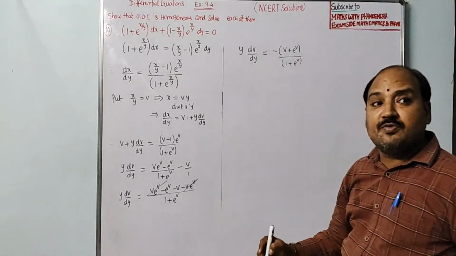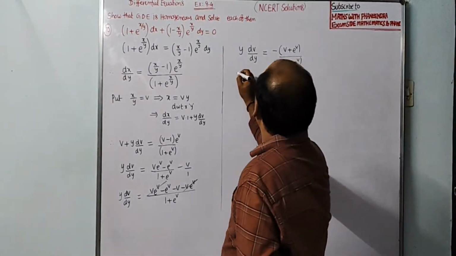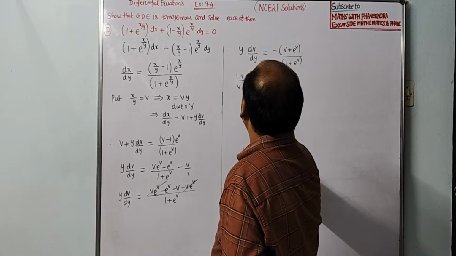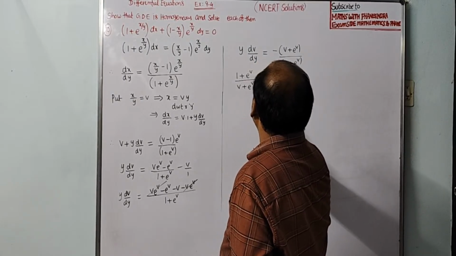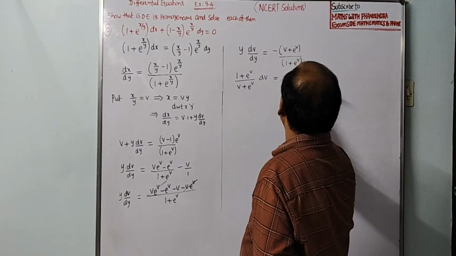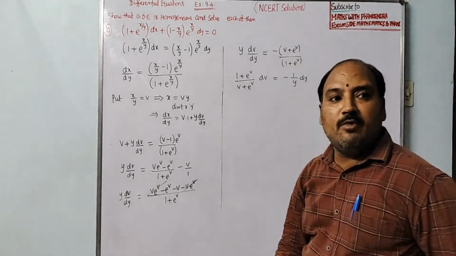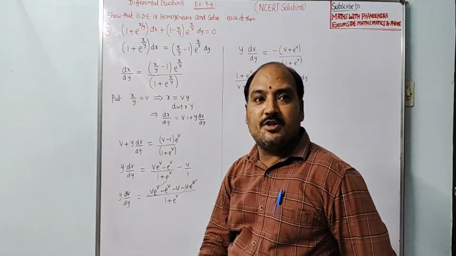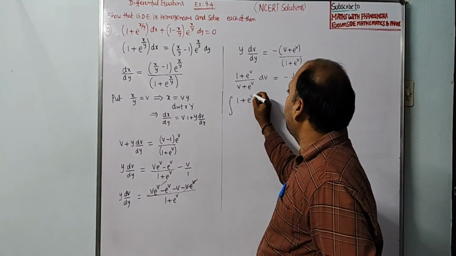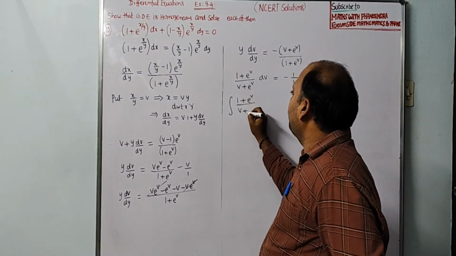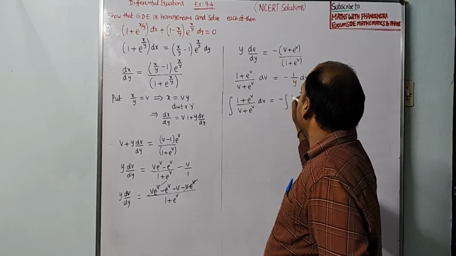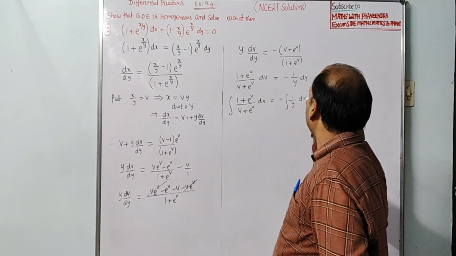Separating the variables v and y: (1 + e^v) divided by (v + e^v) into dv is equal to minus 1 by y into dy. Whenever variables are separated, take integration on both sides. So the integral of (1 + e^v) divided by (v + e^v) dv is equal to minus the integral of 1 by y dy.